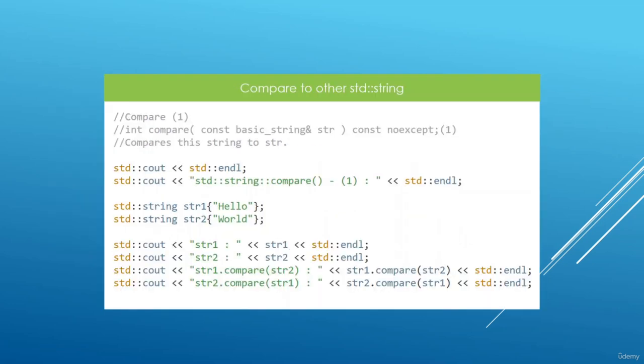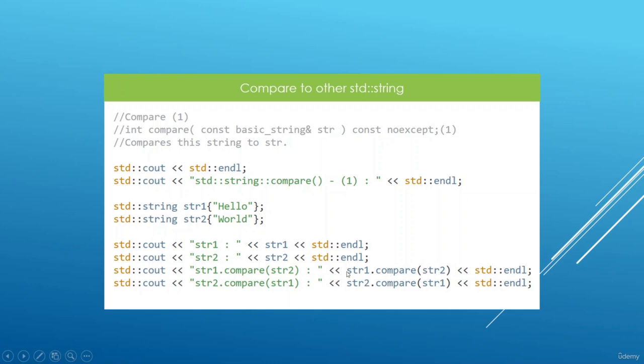Here we have a simple example. We're going to be comparing two strings, so we're going to be using std::compare. We can call this behavior on any string type that we have here. You see that we are printing out string 1 and string 2, which contain hello and world. Down here we are doing str1 compare that to str2.